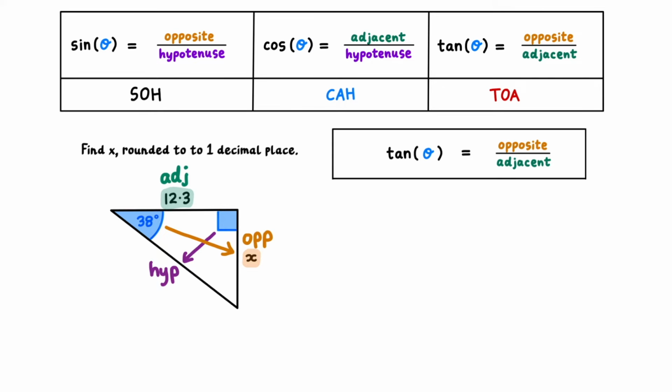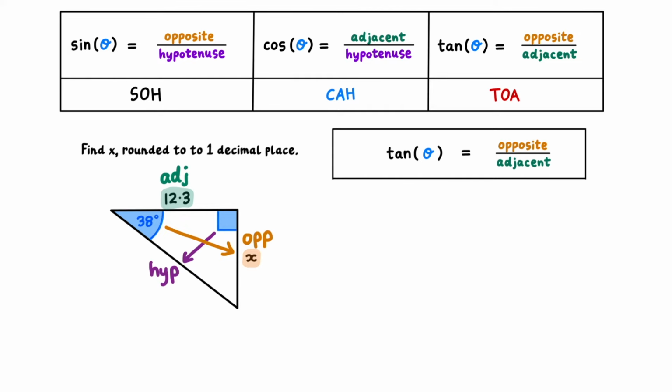Another way to think of this is that we have no information or interest in the hypotenuse, so we should make sure that this isn't involved in our ratio. Since sine and cos both involve the hypotenuse, these two options are ruled out.